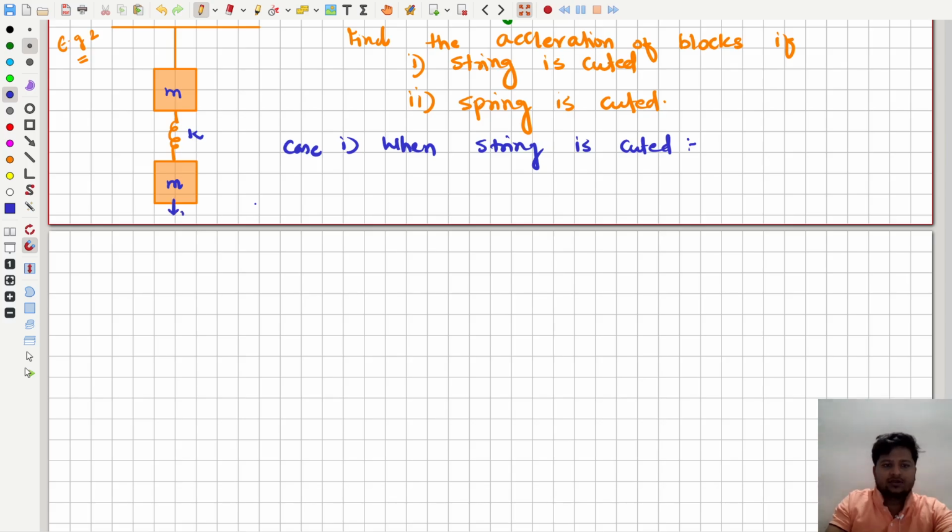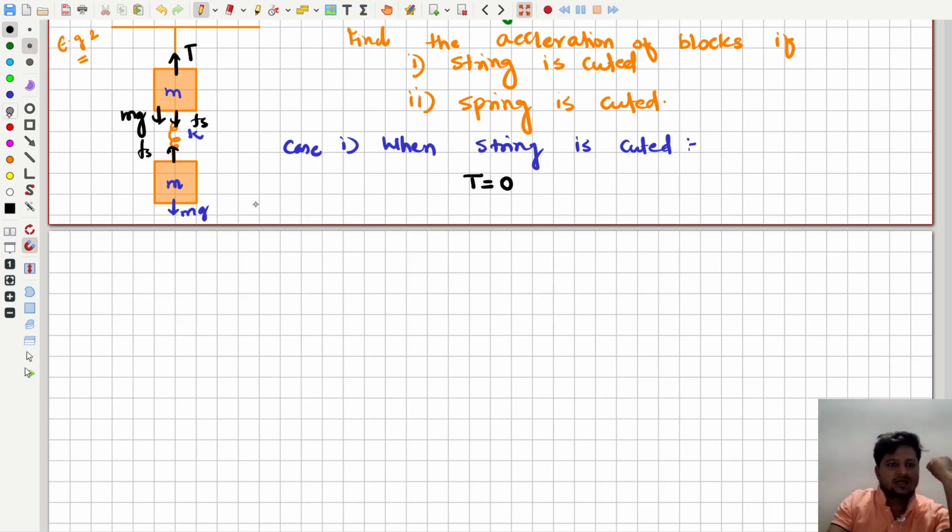This is mg. This is a spring force. This is also a spring force. Again, the weight, how much? mg and tension T. So when the string is cut, what will become zero? Tension immediately becomes how much?